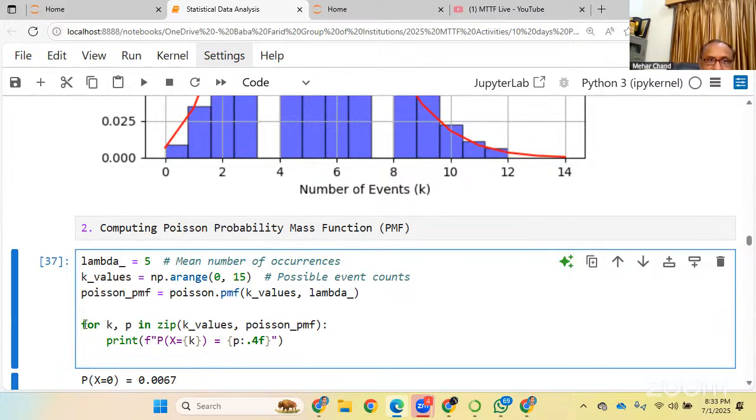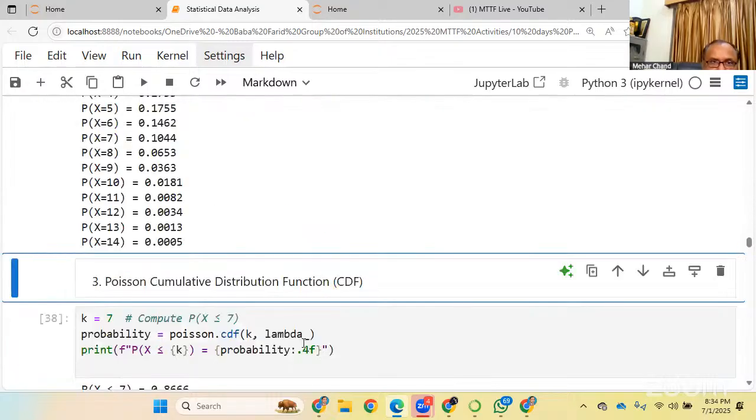Here we are using the for loop. So this will calculate the values for lambda equal to 5, and the values will be printed at the bottom. See, so these are the values.